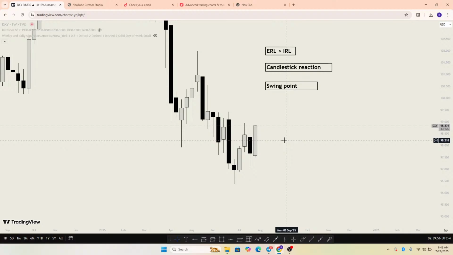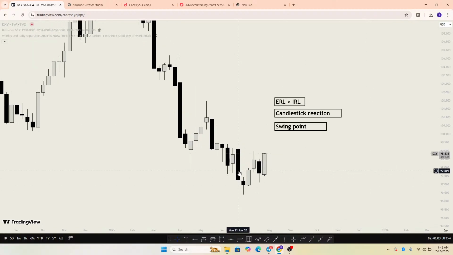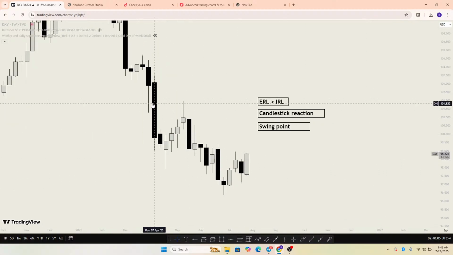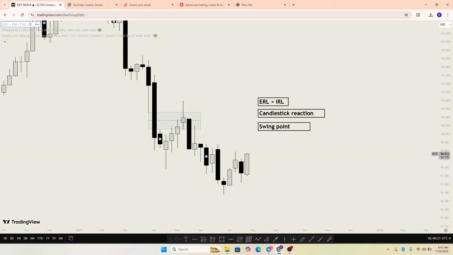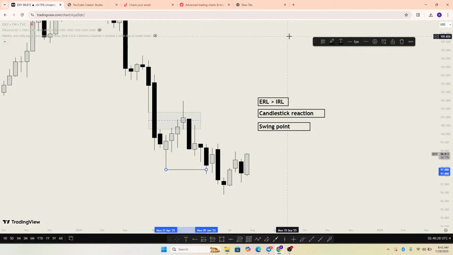Now, the first thing you have to consider is where is the market coming from? And when we see price coming from an internal range liquidity, here, we're expecting to see price taking out external range liquidity, and we see price has taken out this external range liquidity.